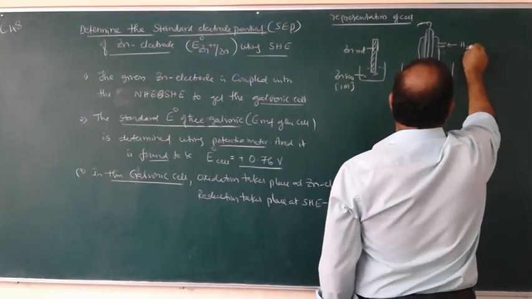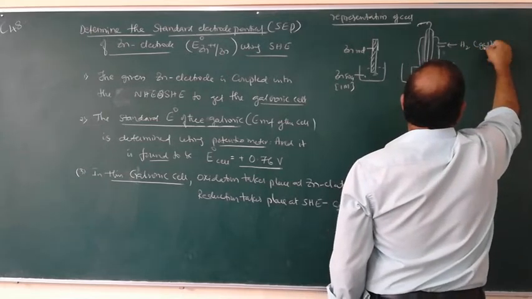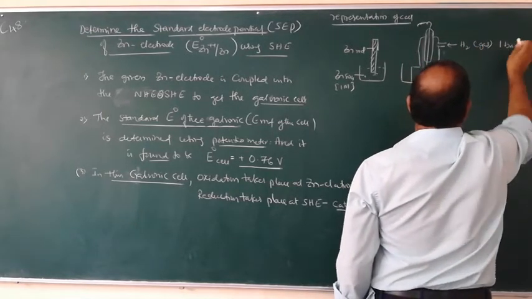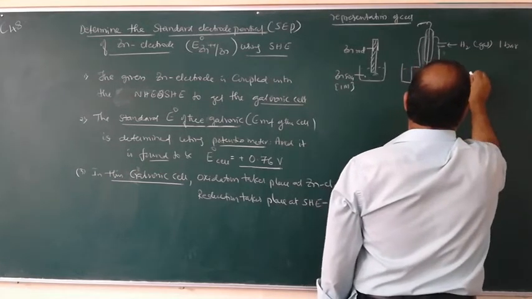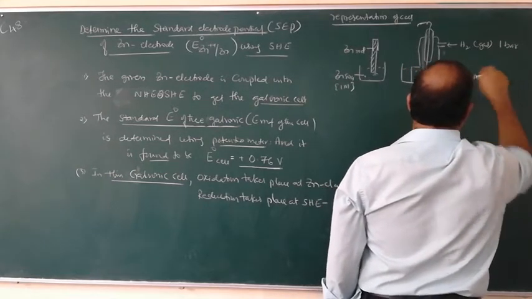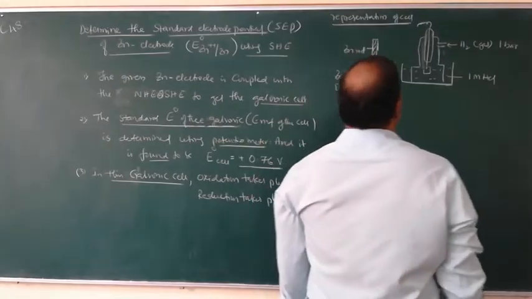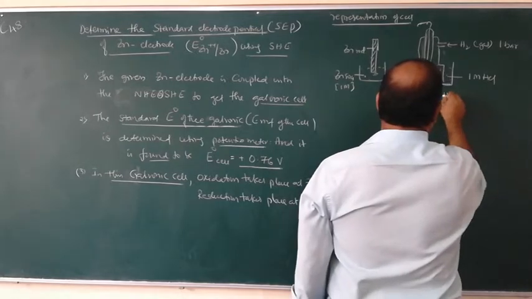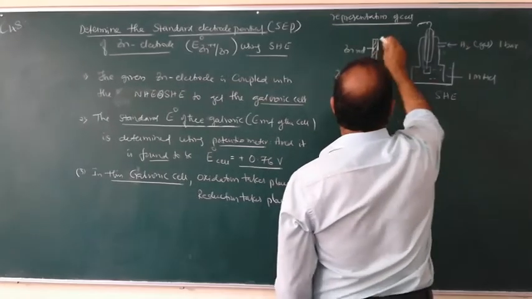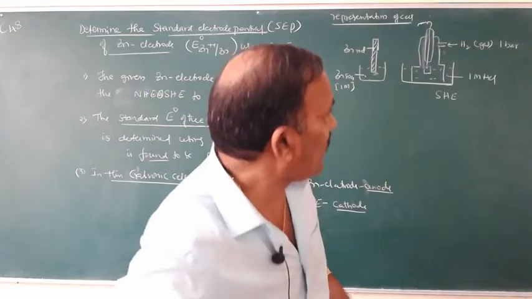Here hydrogen gas at 1 bar pressure is dipped in hydrochloric acid, 1 molar HCl. So this one is SHE, the standard hydrogen electrode, and this one is the zinc electrode.